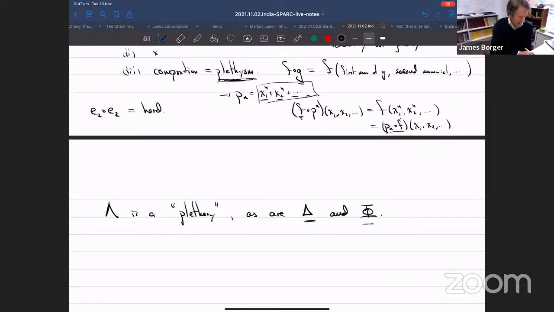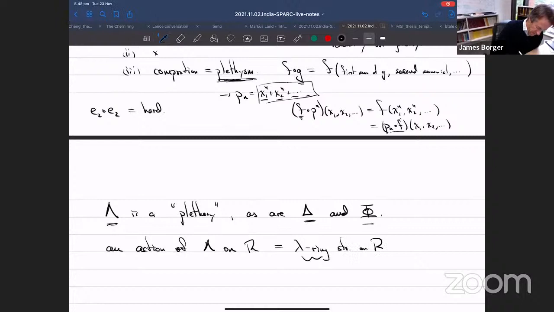So is phi, and so is E. This is getting a bit off track, but an action of Lambda on R is the same thing as a so-called lambda ring structure on R. If you're familiar with algebraic K theory, there's some concept called a lambda ring.